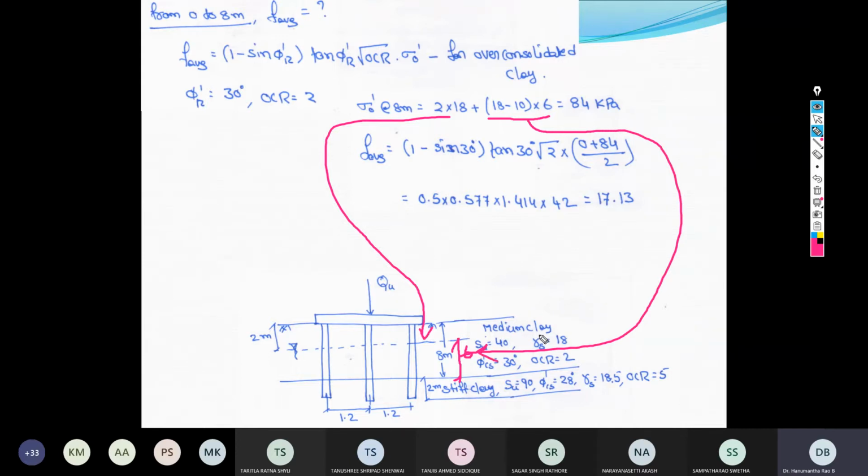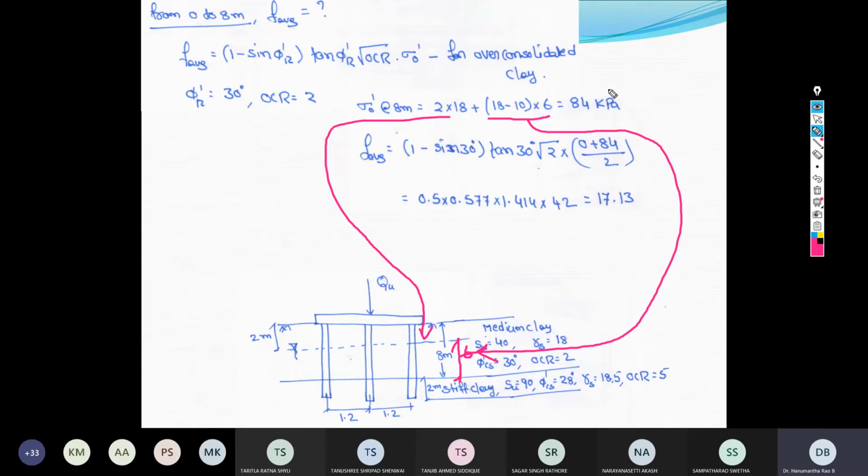Therefore the initial effective overburden pressure up to a depth of 8 meter comes out to be 84 kilopascals.